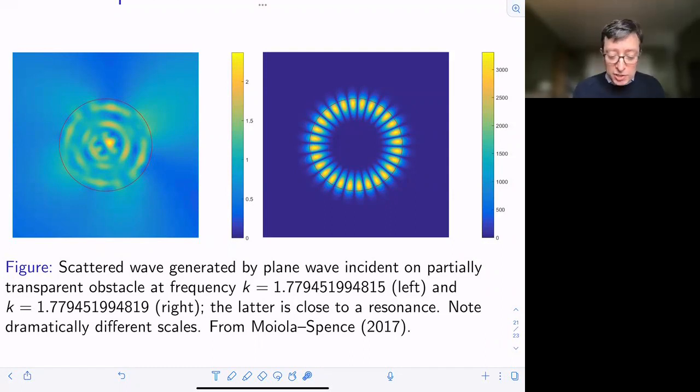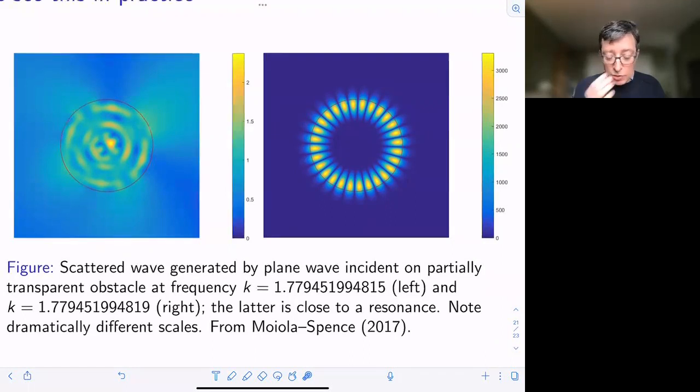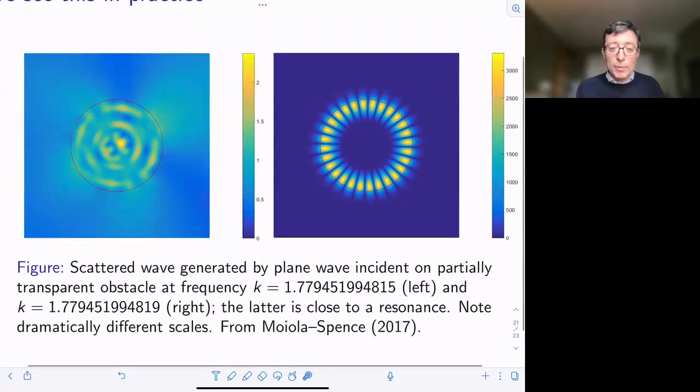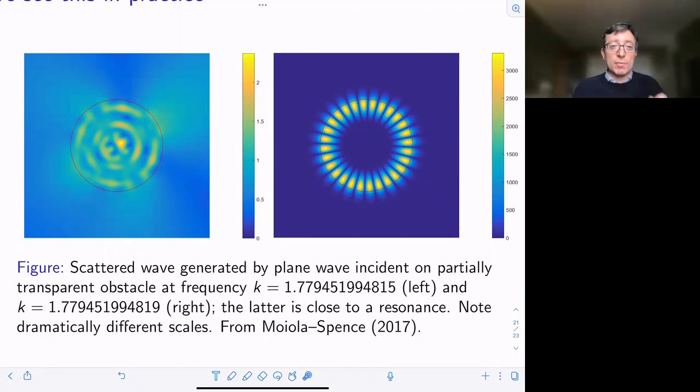Okay, so here's a partially transparent obstacle, and it's been excited at two different frequencies. You've solved the Helmholtz equation at two different frequencies, and this is the scattered wave from an incident plane wave, technically.